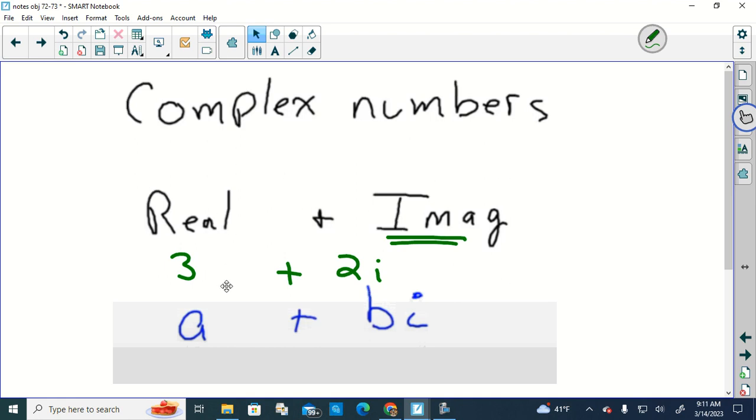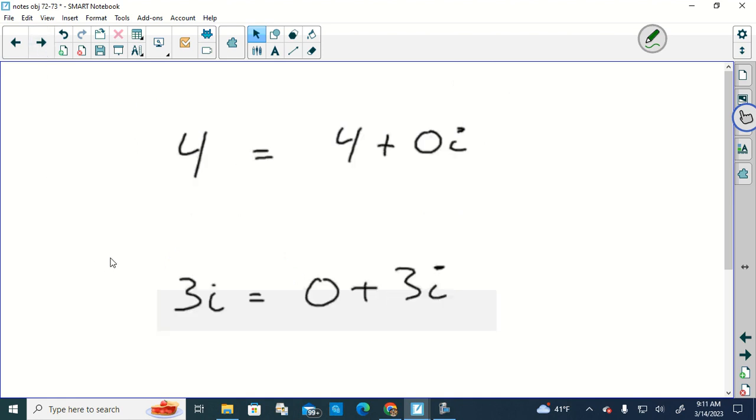Okay, so examples of this, and this still relates to this. Any number can be written as a complex number. Complex numbers are real numbers and imaginary numbers. So a real number, we can write the number 4 as 4 plus 0i, meaning there is no imaginary number, but we can still write it as such, representing complex numbers.